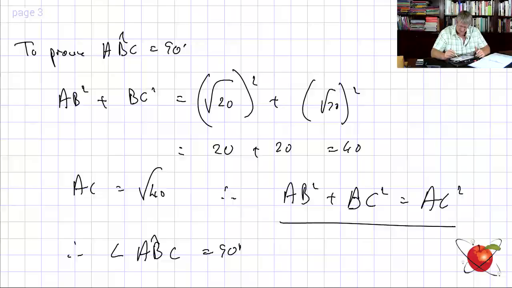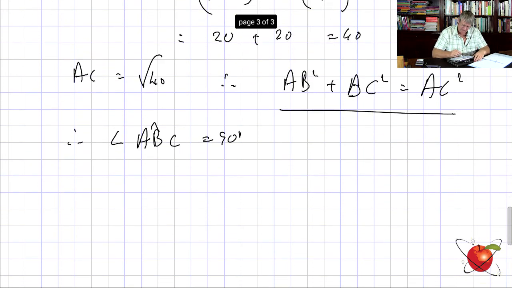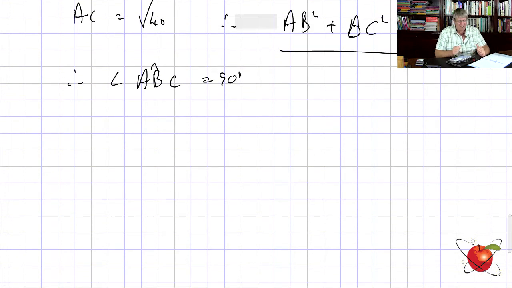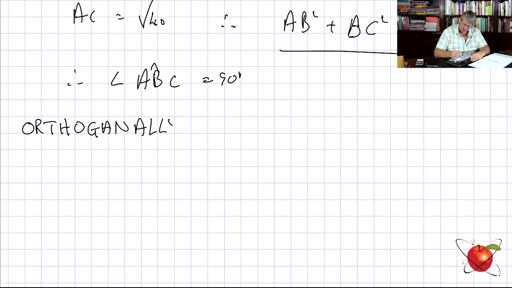Okay, what is the next way I could have worked it out? Let me think. What else tells me the two lines cross? And here's a big word: orthogonally. Orthogonally means they cross at 90 degrees.